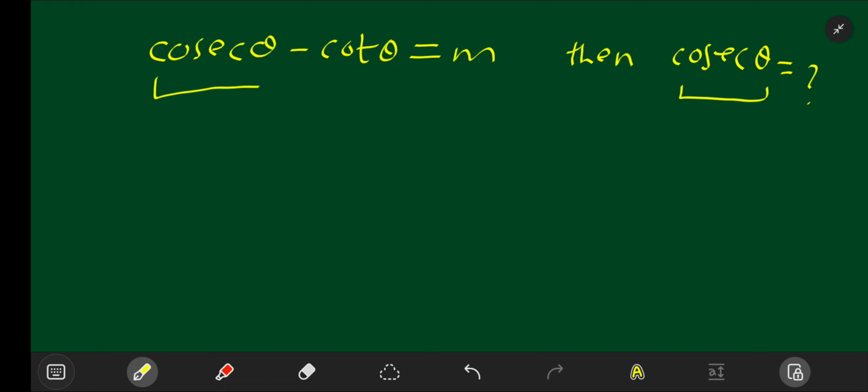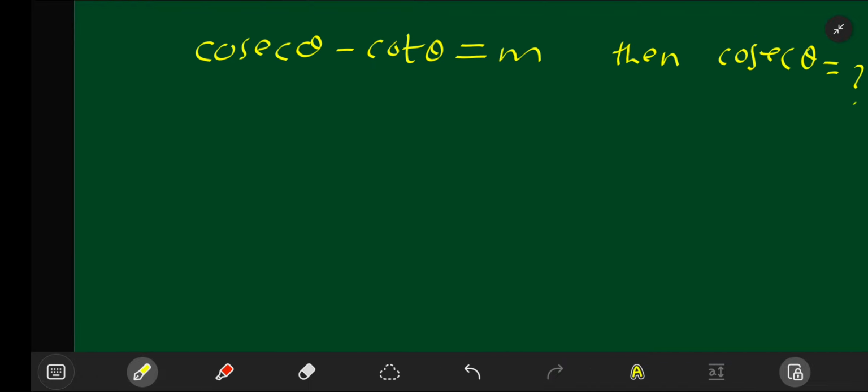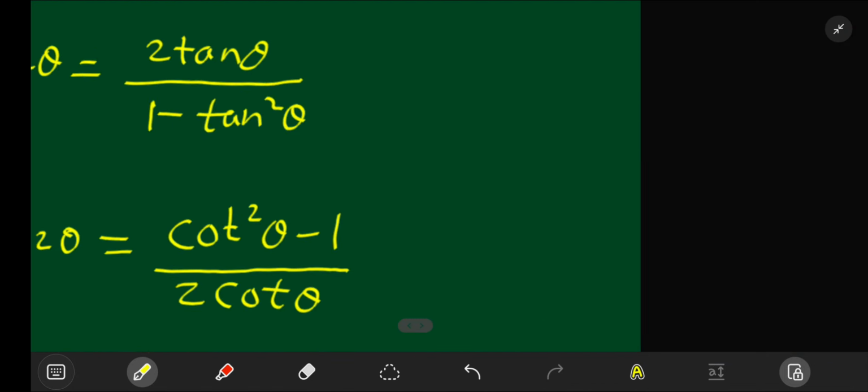He has given cosec theta minus cot theta is equal to m, then he is asking this value. We know from the identities, the third identity. What is the third identity?